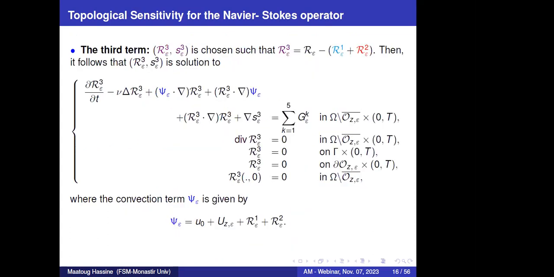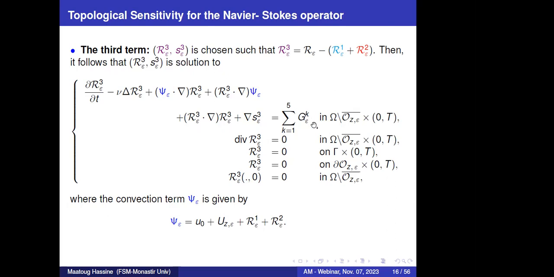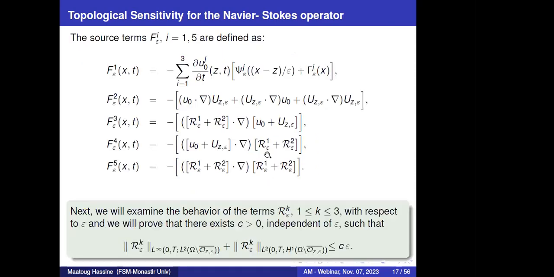The third term is chosen such that the velocity variation satisfies R epsilon equal to R1 plus R2 plus R3. It is easy to see that the three terms satisfy this Navier-Stokes type equation, where the convection term psi epsilon is defined by this expression, and the third term here is defined by this expression.